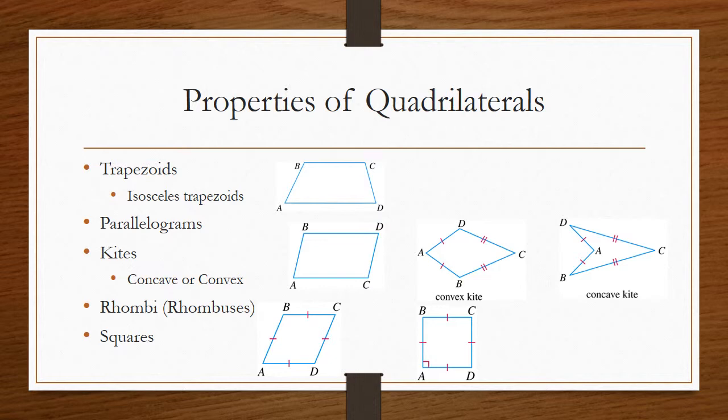All right, then most of our time within our class meeting will be dedicated towards the properties of quadrilaterals. We're going to look at trapezoids, specifically isosceles trapezoids, parallelograms, concave and convex kites, rhombi, and squares. What we're going to do is use what we've learned about bisectors and some of the different constructions we've used, but also things like transversals of parallel lines and some of the properties we've learned from that.